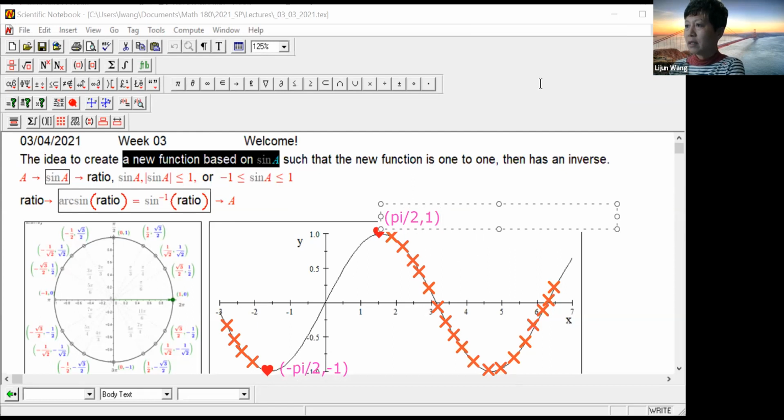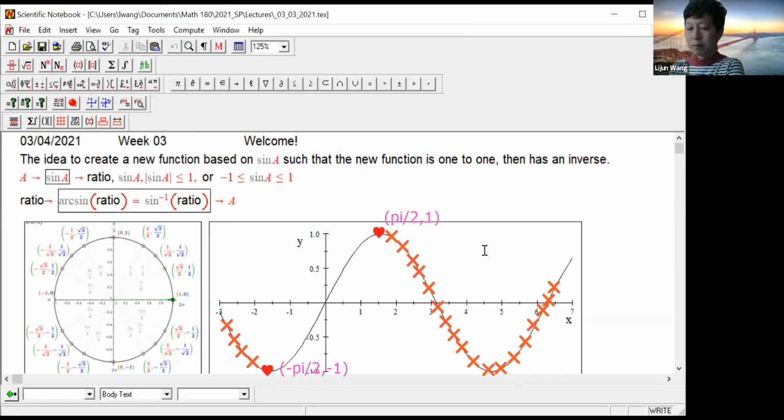The first one is input, the second one is output. You just mentioned switching the input and output. So the inverse function is going to be what?